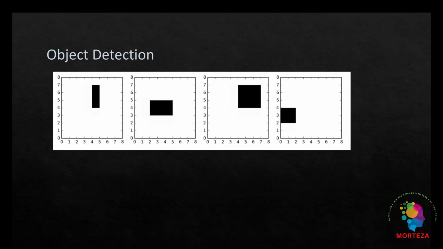White is 0 and black is 1. So this one is 0, white, and this one is 1, black. So we are again synthesizing a simple rectangle in a small image, and we're going to detect these rectangles in the image.